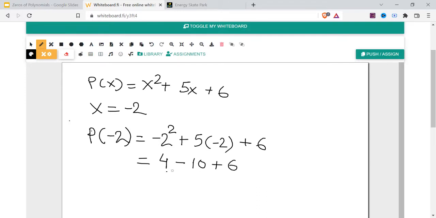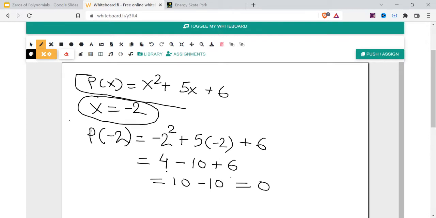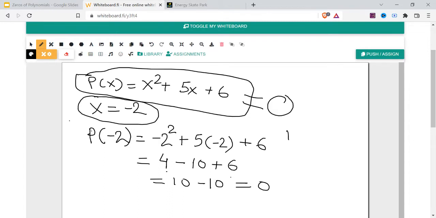Now you see, 6 plus 4 is 10, and then minus 10, which results in 0. Now I can say that this value x equals minus 2 makes this polynomial result in 0, meaning x equals minus 2 is a zero of the polynomial.